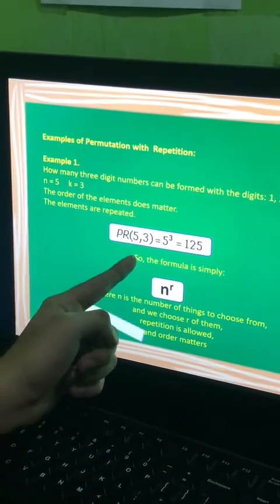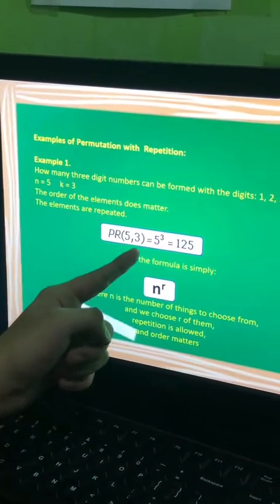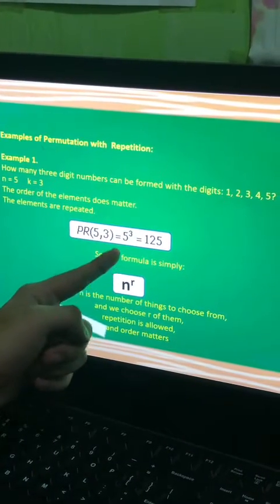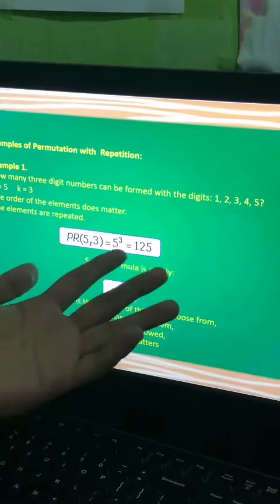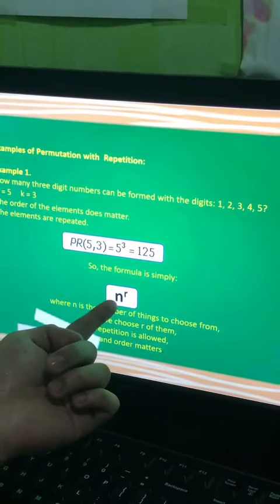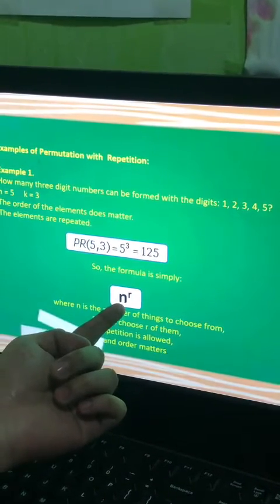Permutation with repetition, 5 and 3, equals 5 to the power of 3, which is equal to 125. So the formula is simply n to the power of r, where n is the number of things to choose from, and we choose r of them. Repetition is allowed, and order matters.